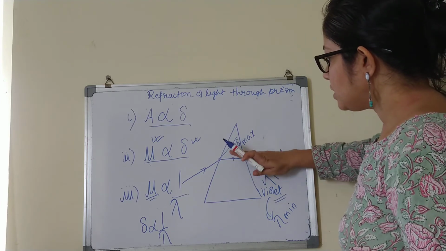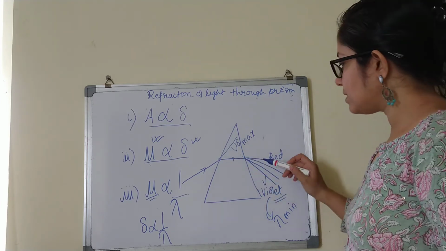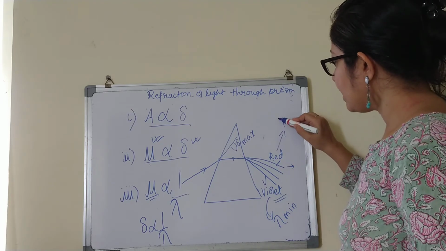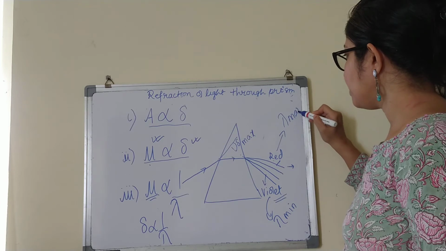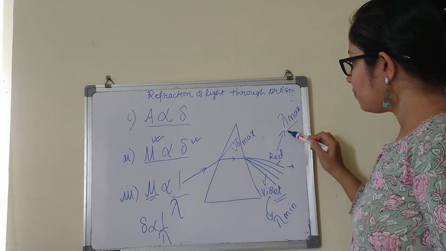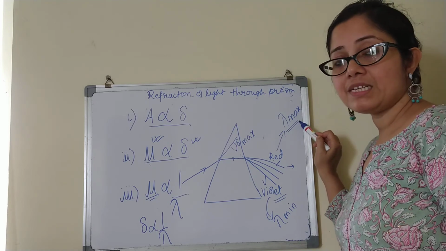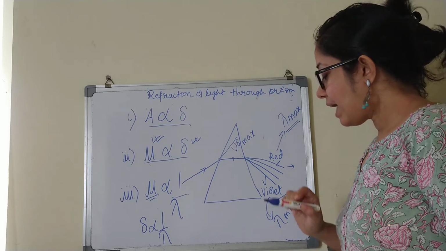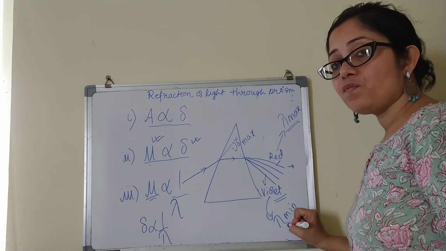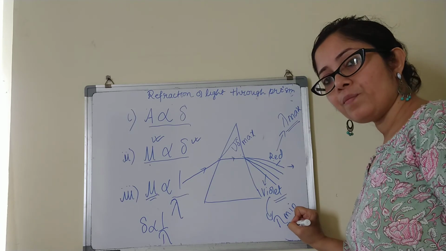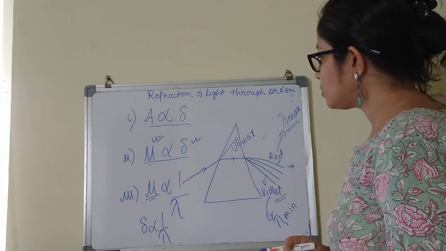For red, the deviation is minimum, not so much bending, so the wavelength of light is maximum. Vice versa, you can say that if the wavelength of light is more, the deviation is less, and if the wavelength of light is very less, then deviation is more. I hope it is clear to you all.